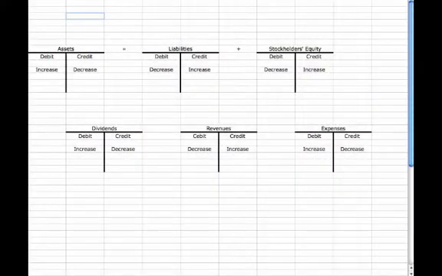As we were saying, when we analyze financial transactions to determine how we're going to record this into our general journal, what we have to do is take a look at the transaction and ask the question, how is my accounting equation being affected?